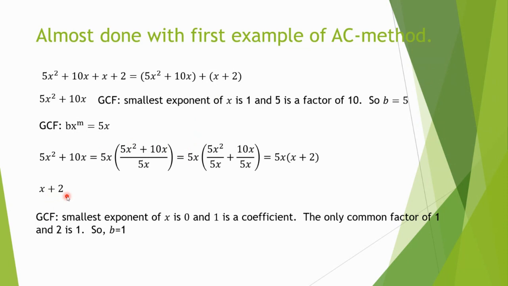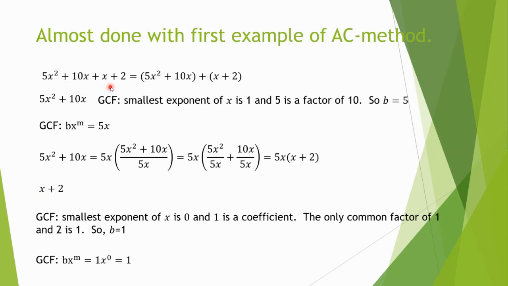So m is 0. The coefficient of x is 1. So as before, the greatest common factor of the coefficients and the constant term is 1. So we get b is 1, m is 0, and our GCF is just 1 for this. So because it's 1, we can't factor anything out.